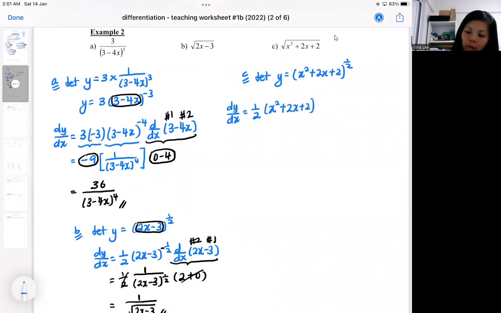Subtract the power, half minus 1, minus half. So the function inside shouldn't change. Third layer, you differentiate the function that is inside. So this is the function that is inside, the quadratic function.